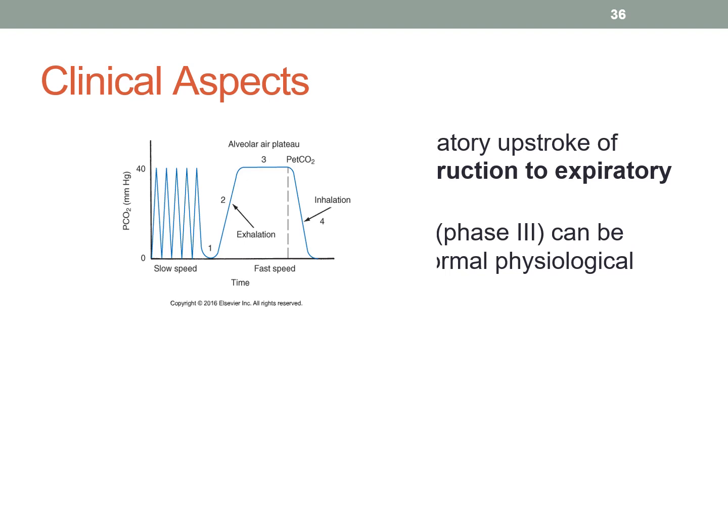I'm just going to add this to my notes. So if you're looking at phase 2, the exhalation part, and when we look at A from the slide before, how that slants or that prolongation, that's basically showing that you have obstruction or leak. Okay.